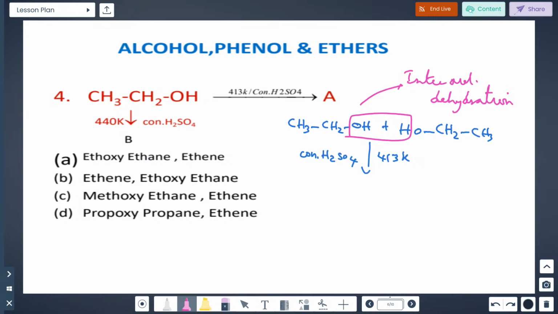The water molecule is removed between the two molecules, and this is called intermolecular dehydration. Another one we are going to see is called intramolecular dehydration.